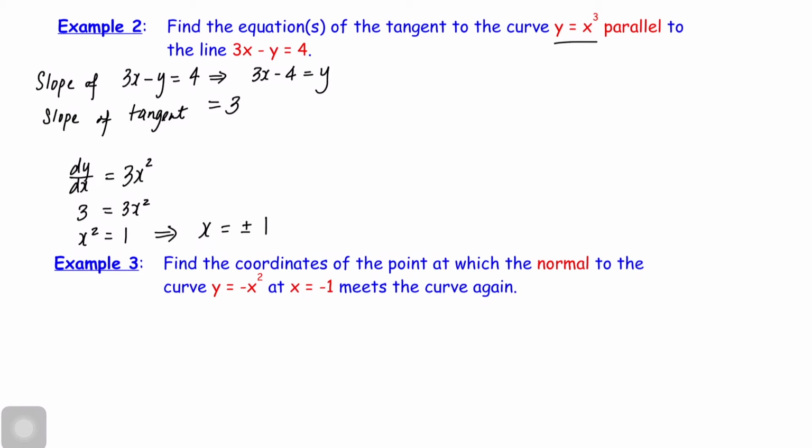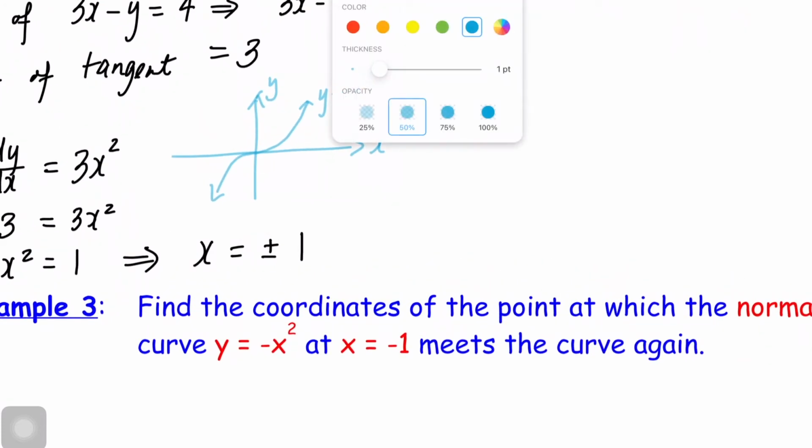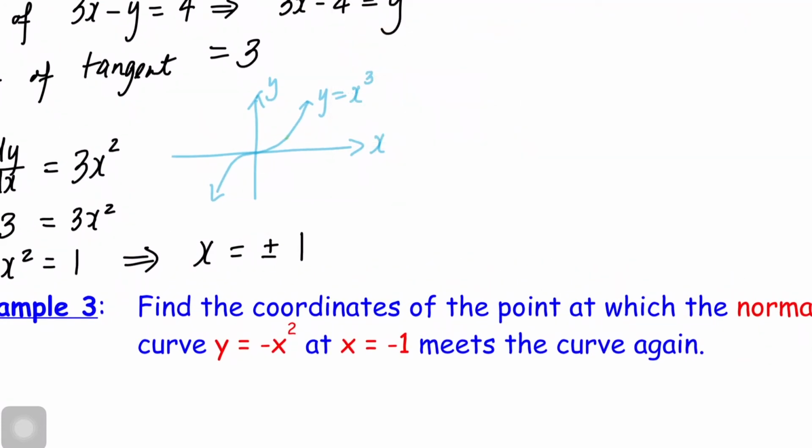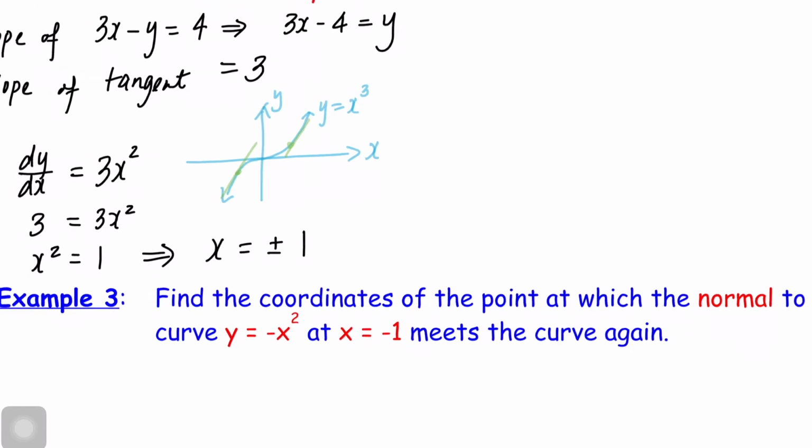Just to give you a quick overview of why this is the case, let's sketch the graph of y equals x cubed. Many of you might be familiar with it already. So the sketch of the function looks something like this. So at x equals 1 and x equals -1, if I sketch in a tangent at these points, you'll see that both tangents would have the same slope.